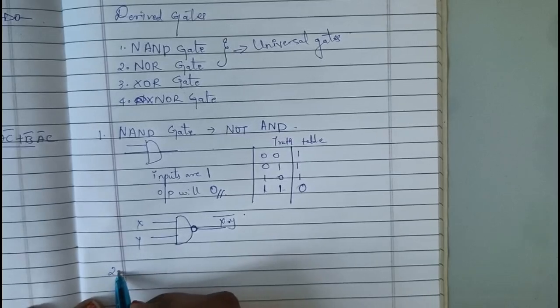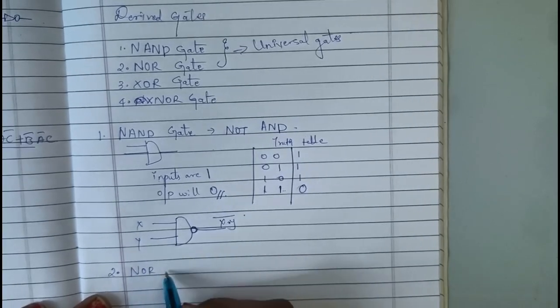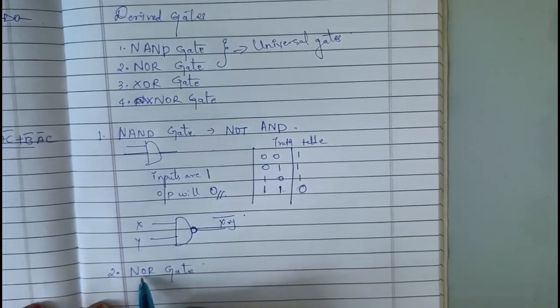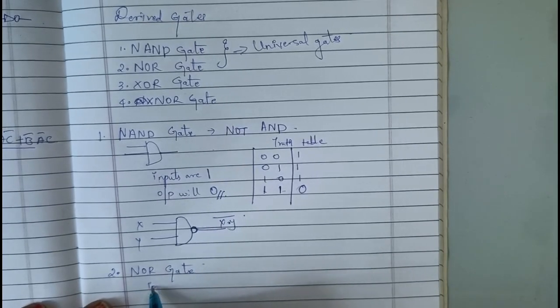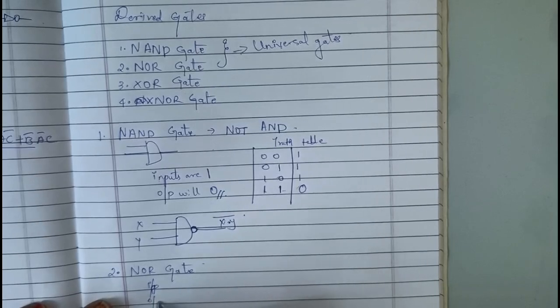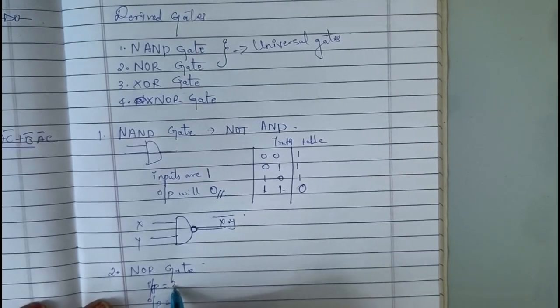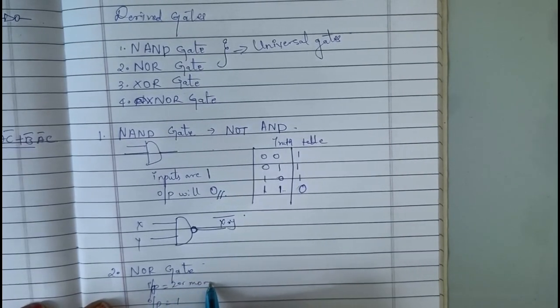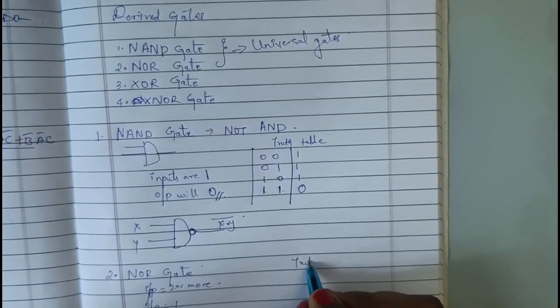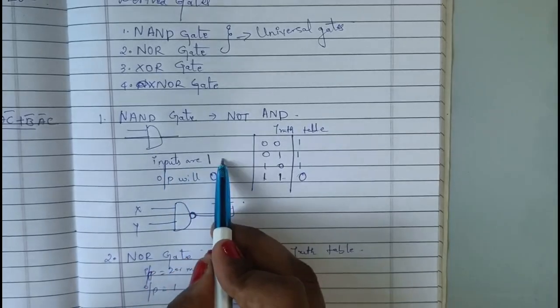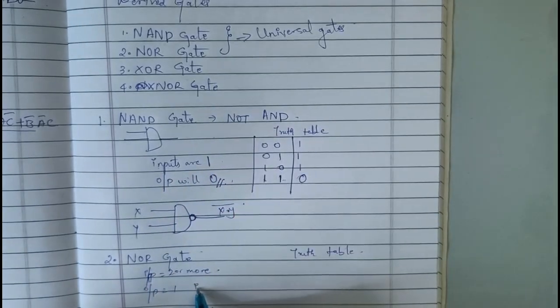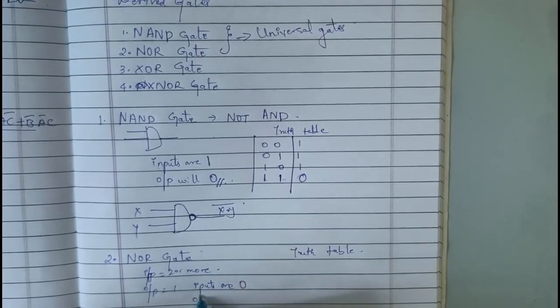Next, let's look into the NOR gate. This is the OR symbol. We again have inputs and an output. The output is only one, and the inputs can be two or more. In the truth table, if all the inputs are 0, then the output will be 1.